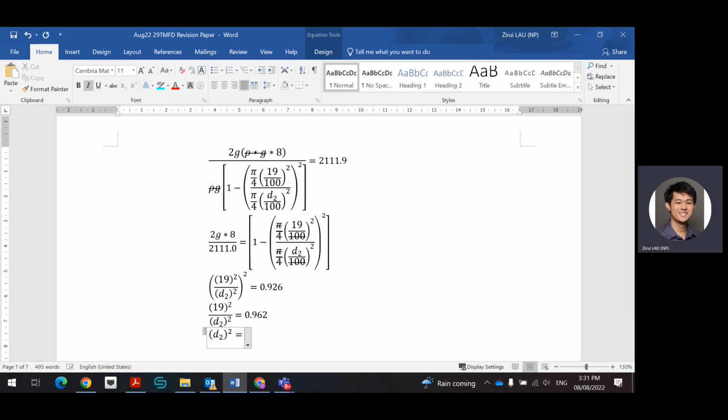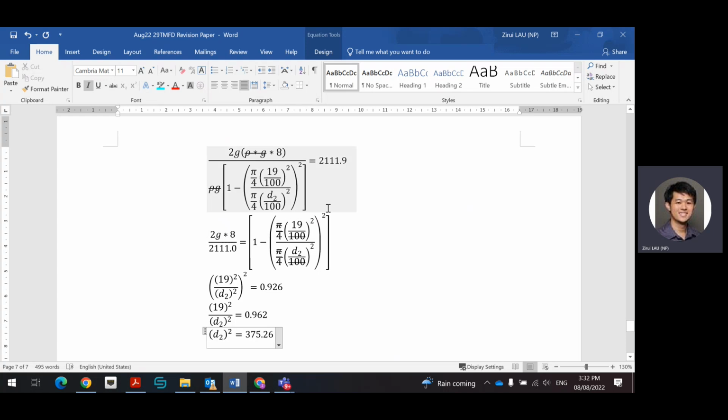So this one d2 square is... there's a square, don't have square. Where?